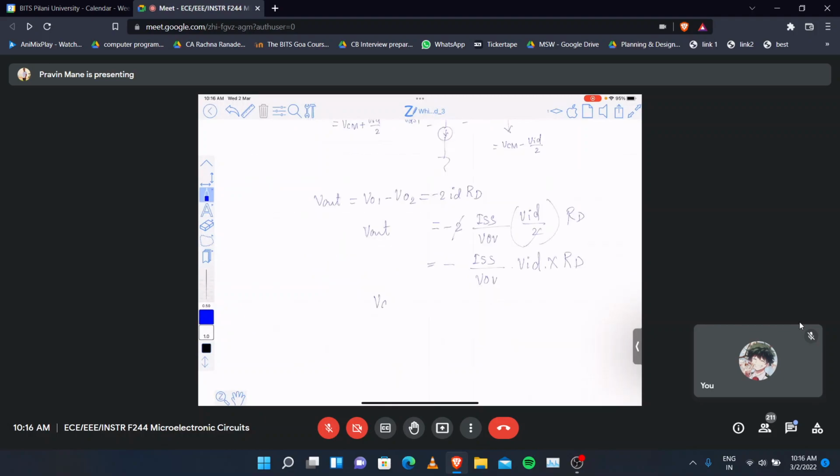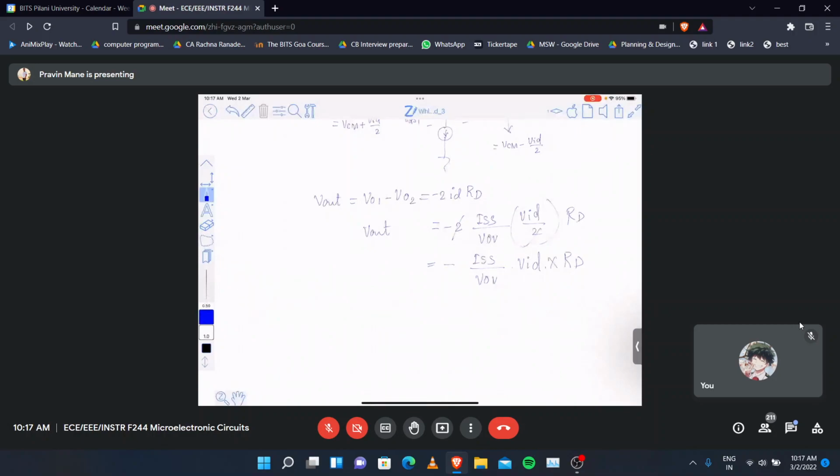Can you tell me what this is? Vout divided by VID is the gain, right? What I am getting is minus ISS divided by V overdrive into RD. Okay, what is the expression for GM? What is the expression for GM? It is 2 ID by V overdrive.